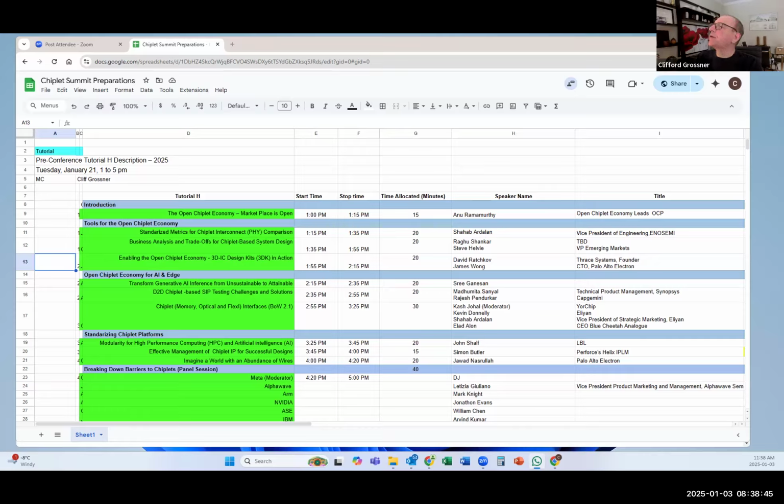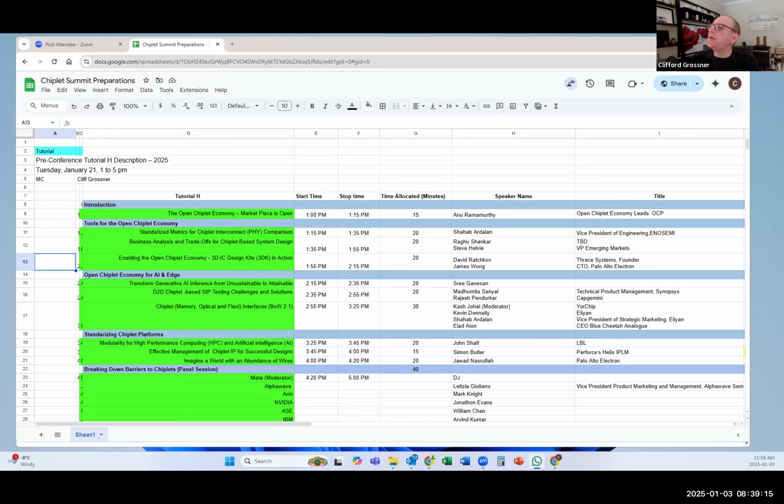So Shahab has agreed to talk about the die-to-die PHY comparison or metrics that we've developed as a community. Steve and Raghu agreed to talk about the business analysis work that's been going on in the community. We've also got David and James giving another update on the 3D design kits for the community.